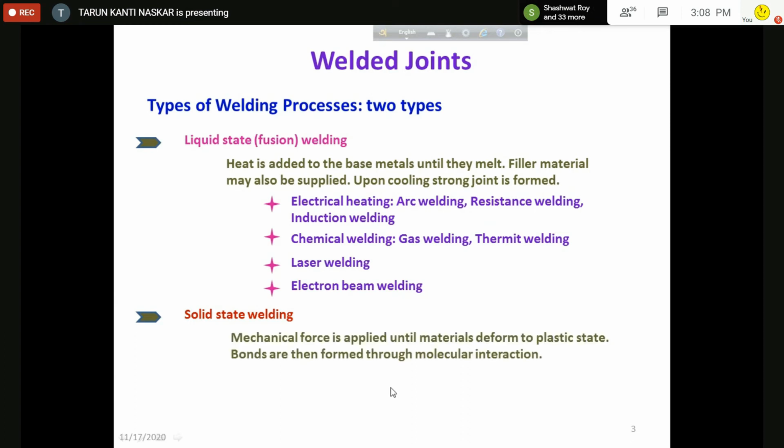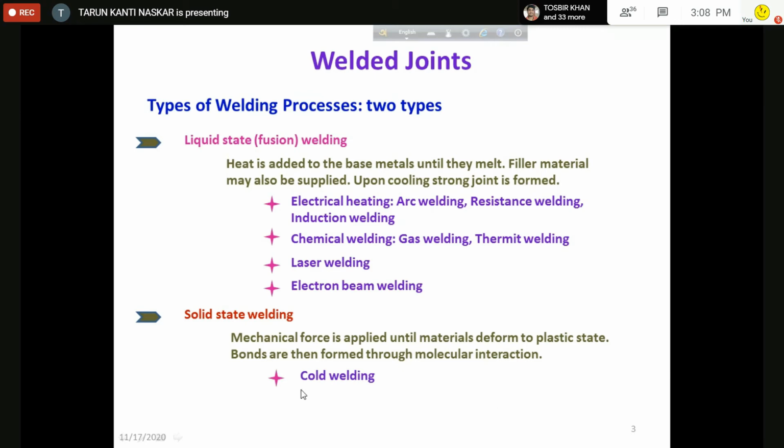Now solid state welding is interesting in the sense that 2 plates are taken and mechanical force is applied, and the value of the mechanical force is such that it becomes a plastic state. So it deforms beyond the elastic limit, and then the plastic state arises. When the plastic state is reached, bonds are formed through molecular interaction.